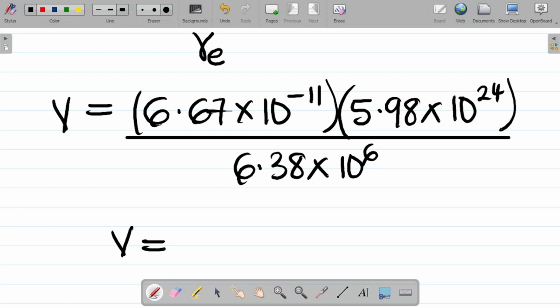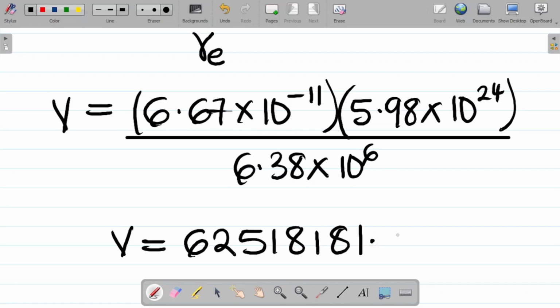If you punch this, the answer is about 62,518,181.82 approximately, in joules per kilogram.